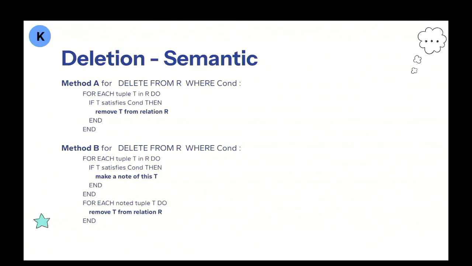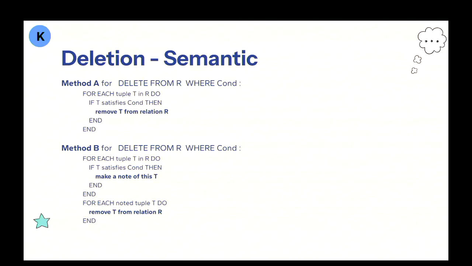That's the first method. The second one is, instead of dropping the data item in the first iteration, we do it with two loops. In the first loop, when we loop through all the tuples, we just take note of the tuples which satisfy the condition we have specified.